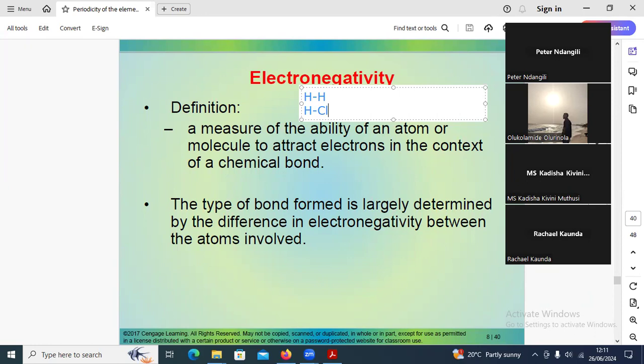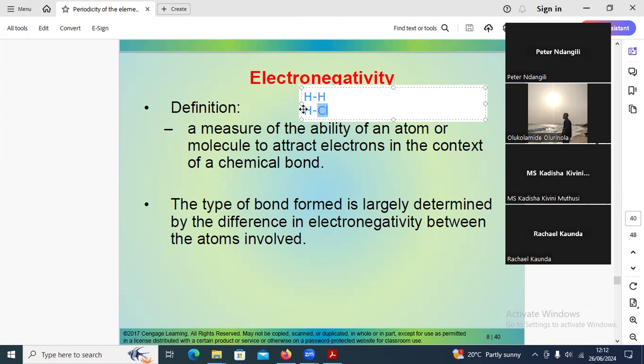Now, in this bonding that I'm illustrating here, these are atoms of different elements. And when you go to the effective nuclear charge, and you also look at their electron affinities, you realize that the effective nuclear charge of chlorine is very high, and therefore it has a very high tendency to attract an electron.